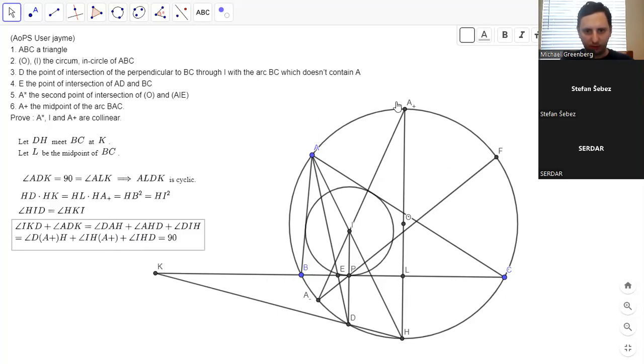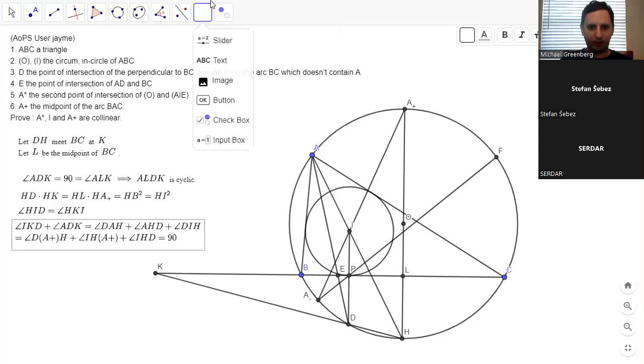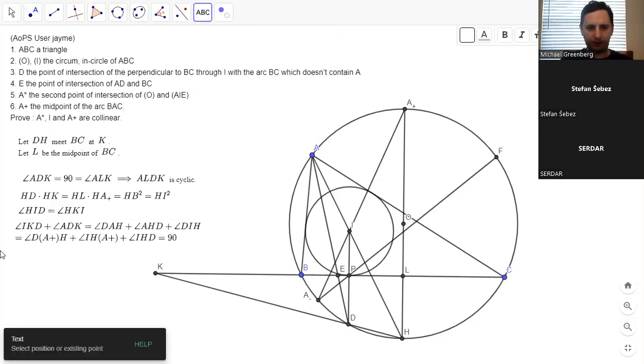I'm just kind of assuming this works out because it's half of this arc plus this arc plus this arc. Yeah, so that means IK is perpendicular to AB.